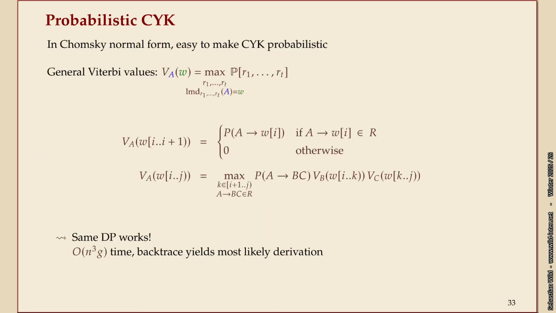OR in numbers is a bit like maximum. If any of the values is a 1, then the OR is the maximum of all those. Otherwise, it stays 0.